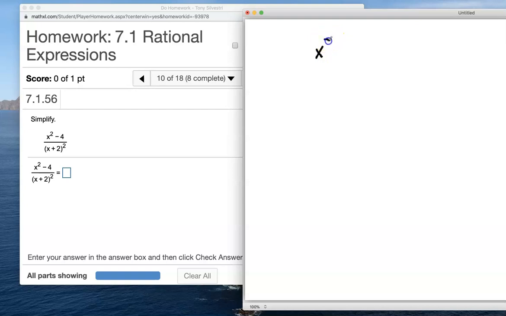X squared minus 4, and you know that's a bundle in itself, divided by x plus 2, a bundle that's being squared. Right now you cannot touch these bundles. You know that by now. It's the same old story over and over again. What you need to do is factor everything you can factor. Now the top, that's a difference of two squares. The thing that's being squared to give you x squared is x.